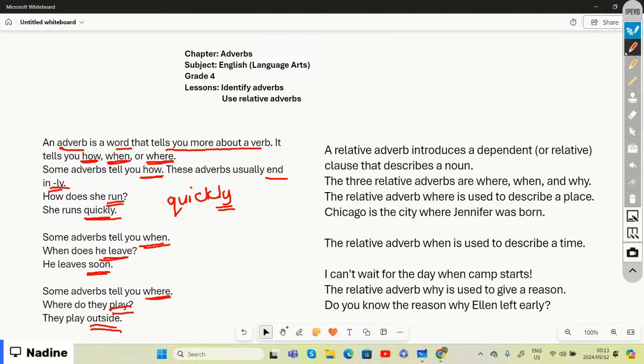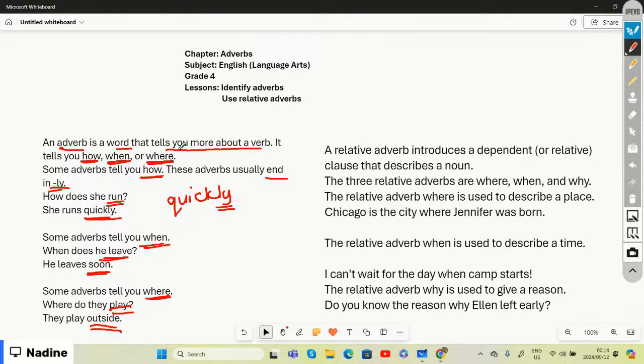If we look at a few more examples of adverbs that tell us how, another way to say it is the manner in which something is being done.